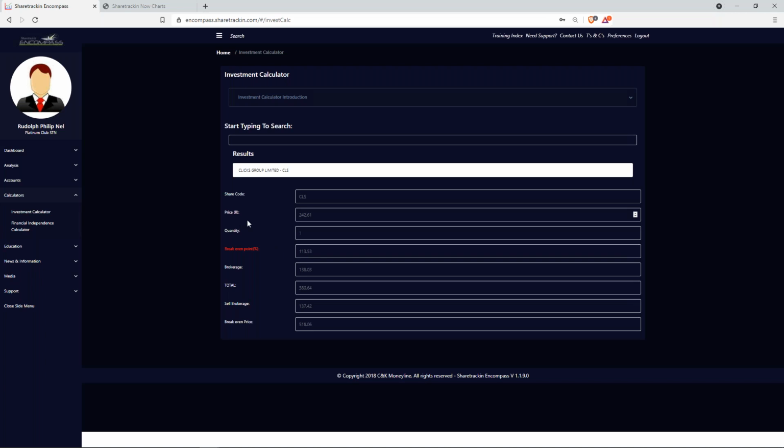Because if we look at the current price, it is 242 Rand and 61 cents, but the break-even price is 518 Rand and 6 cents. So we need to grow all the way to 518 Rand and 6 cents before we even start to break even. Okay, so anything past that would be profits.